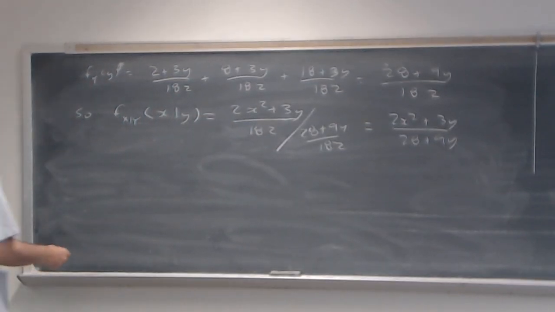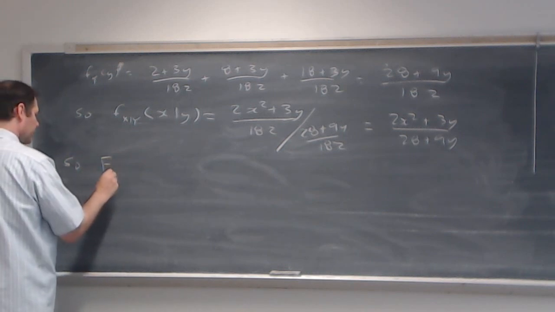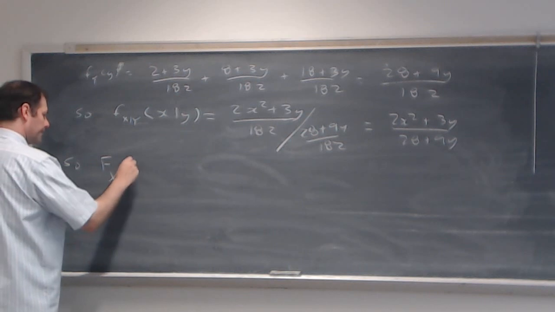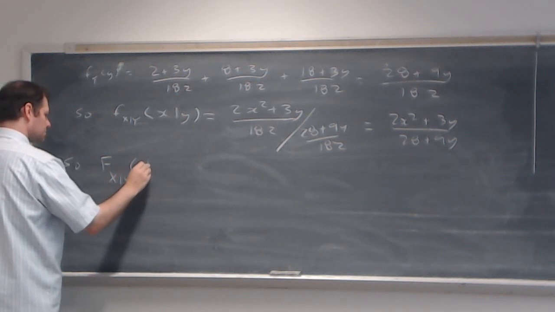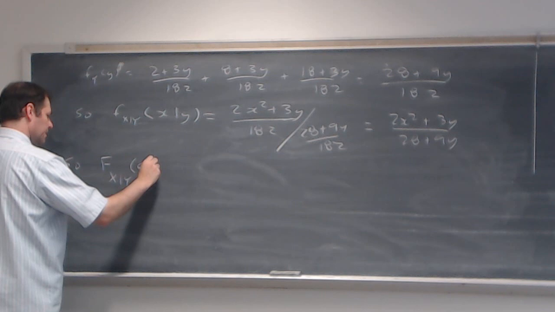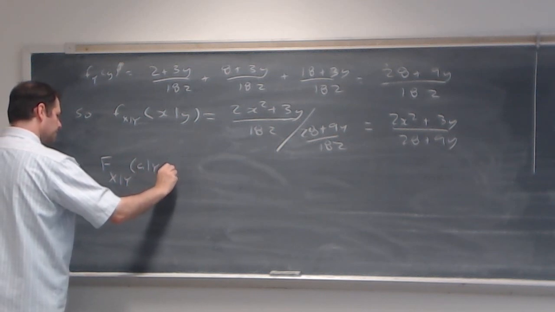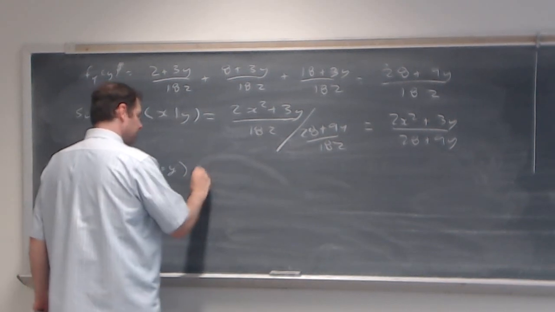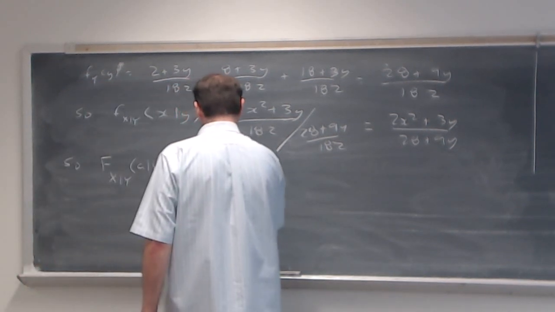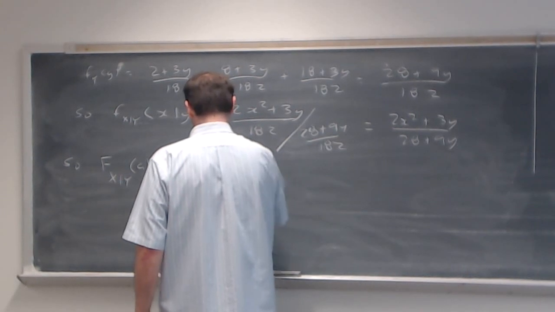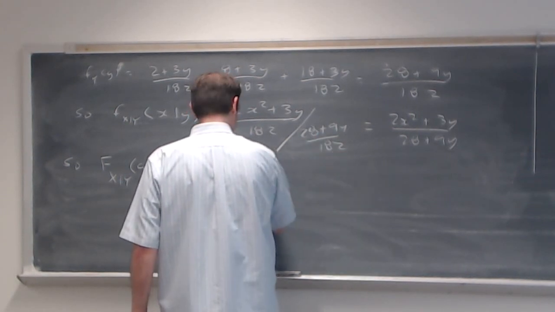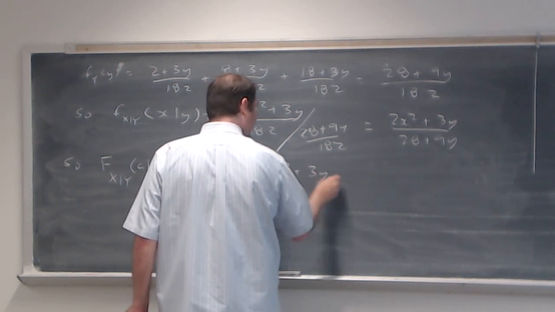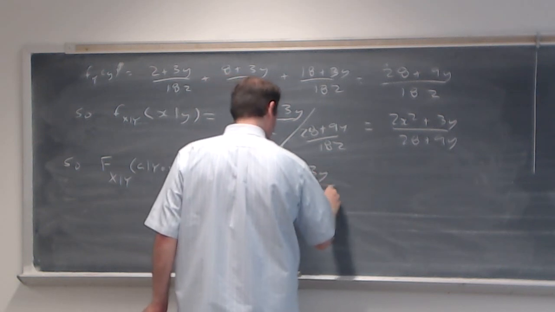Okay, and so the conditional CDF of x given y, of a given y, equals the sum where x runs from 1 to 1 of this quantity, 2x squared plus 3y over 28 plus 9y.